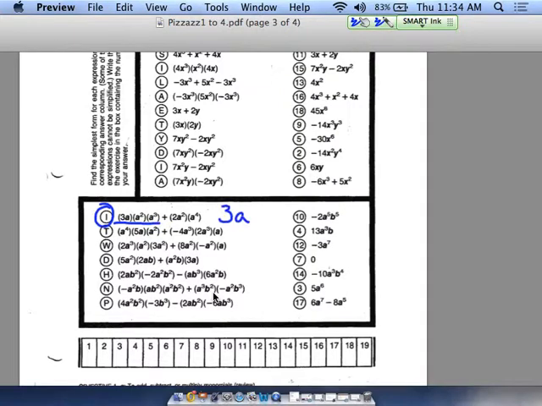I have a variable of a base of a once, and the power on a becomes 1 plus 2 plus 3, or 6. And then I'm adding. So here my coefficient is 2, and a takes on the power of 2 plus 4, which is 6. I've now created a pair of like terms, so when I have like terms, I simply add their coefficients together. I now have 5a to the 6th.